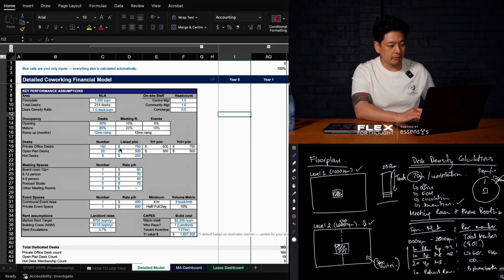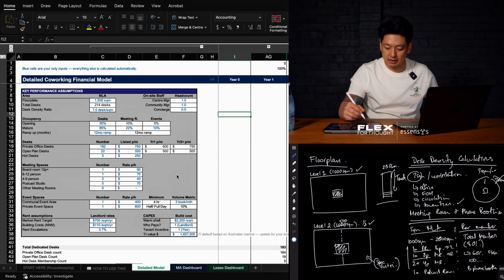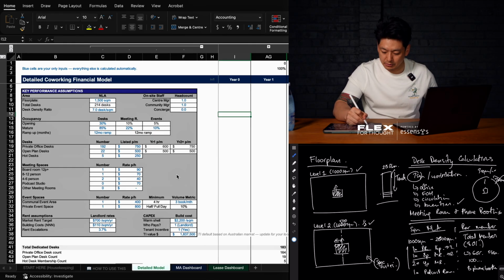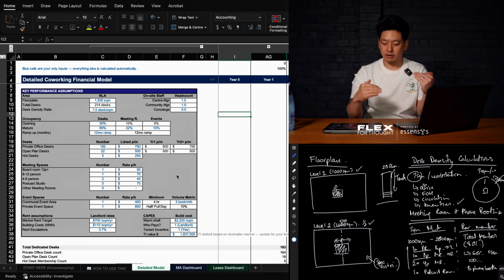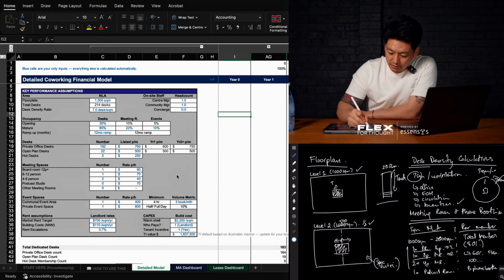Now, when it comes to the floor plan, with a 7 square meter density situation, the reason it was closer to the 7 is because level 2 is a bit weird, right? Say the entrance is here, and the entrance is here and that's how it was split, because you could split the foyer where they could go left or right. You'd have your front of house here, obviously. I wouldn't touch this facade at all for offices.